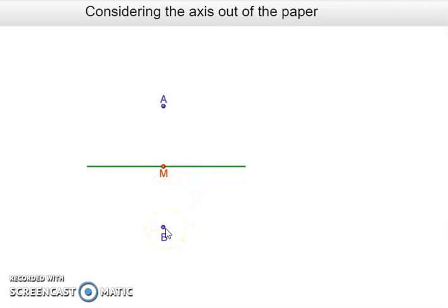Now we have to consider the 3D one. We have to consider the axis out of the paper. So when we want to draw the locus, considering the axis out of the paper, we need to draw the perpendicular bisector for that axis also.